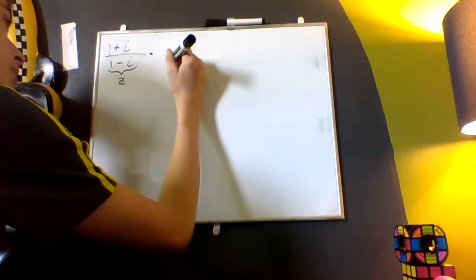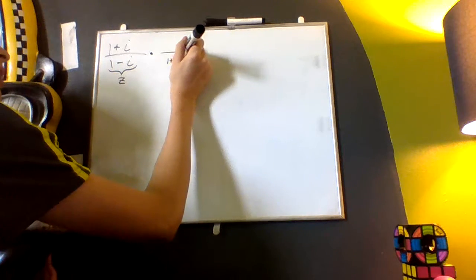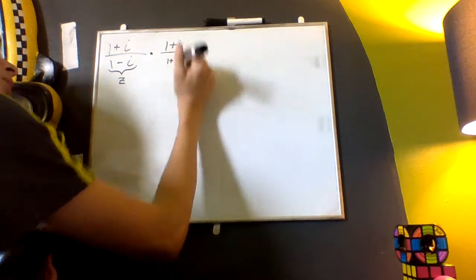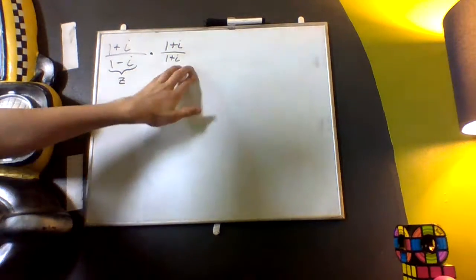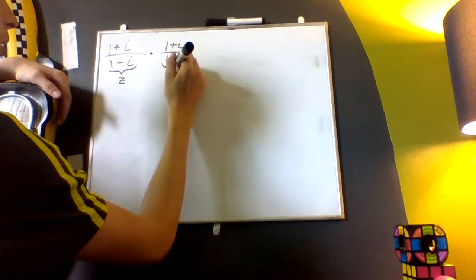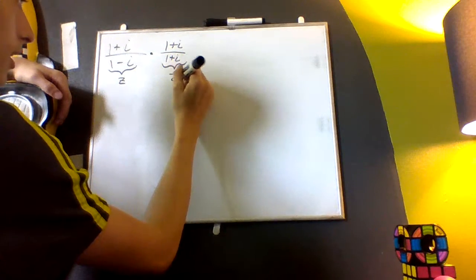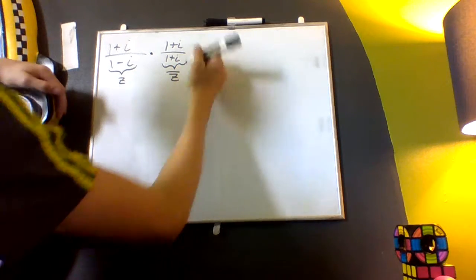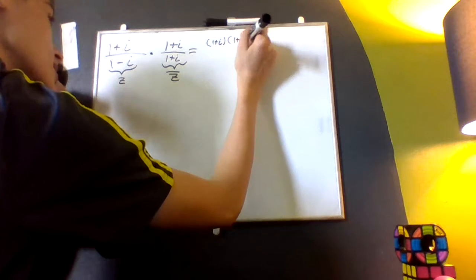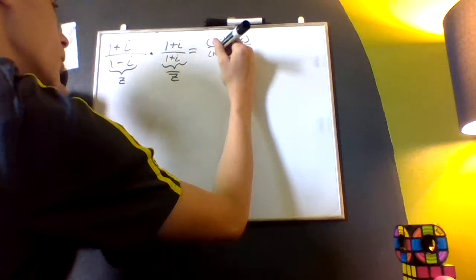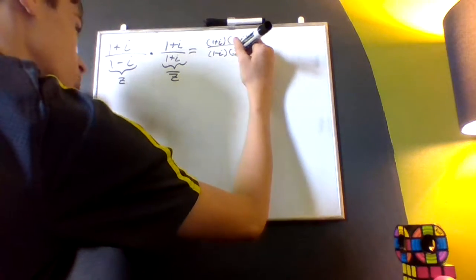So if this is z, then I'm going to multiply by 1 plus i. But we can't just multiply the denominator by 1 plus i. We also have to multiply the numerator by 1 plus i. This is the same thing as multiplying by 1. And remember, this right here is z bar. Okay? So this is going to be 1 plus i times 1 plus i divided by 1 minus i times 1 plus i.